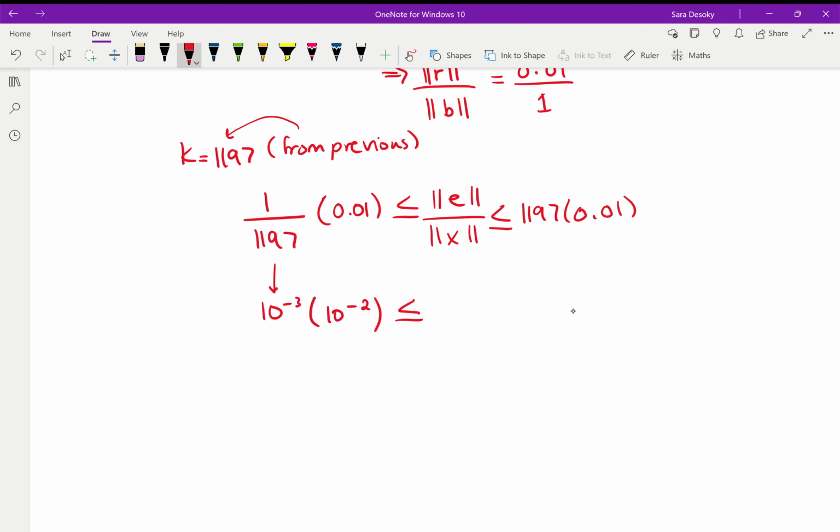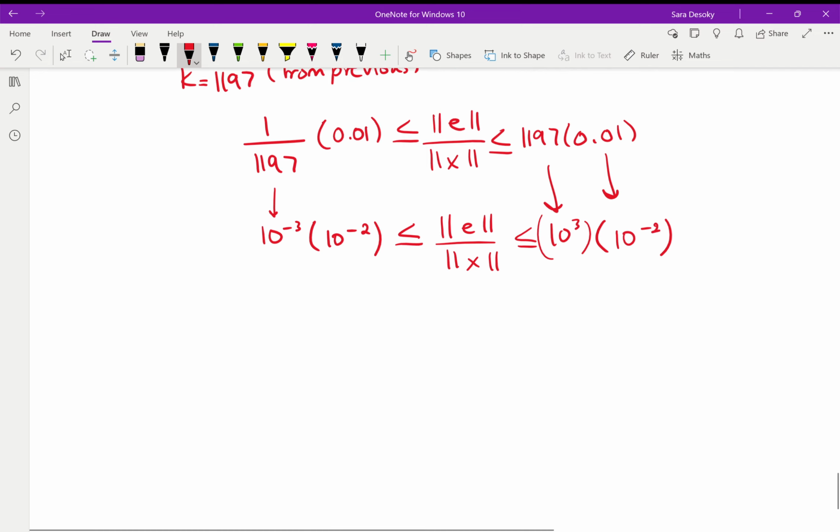Minus 2. That's 10 to the minus 5. And 6 orders of magnitude remain between the two sides.